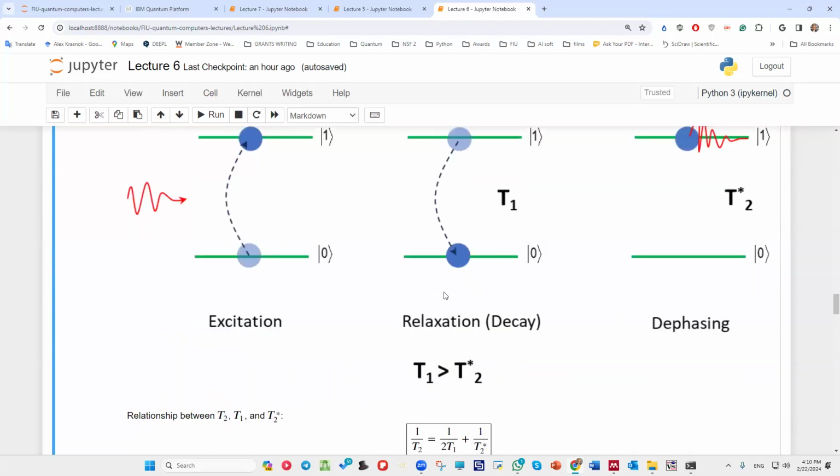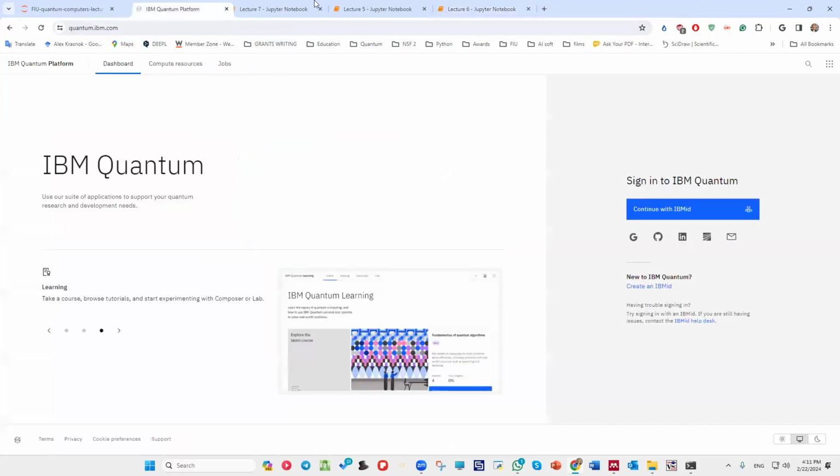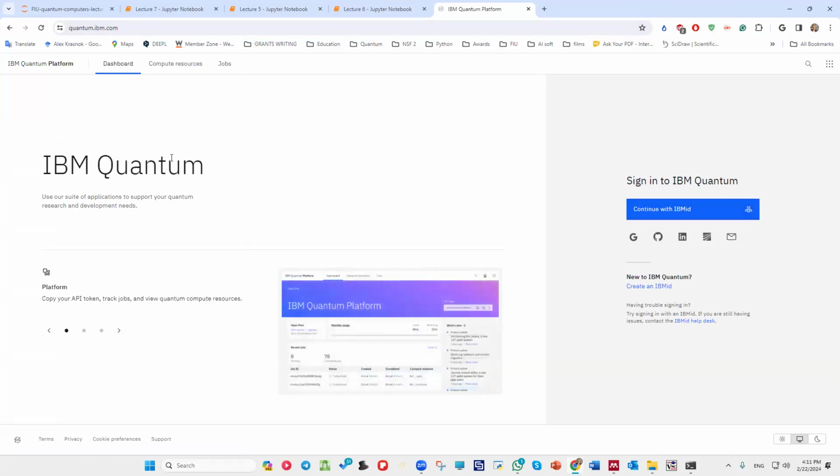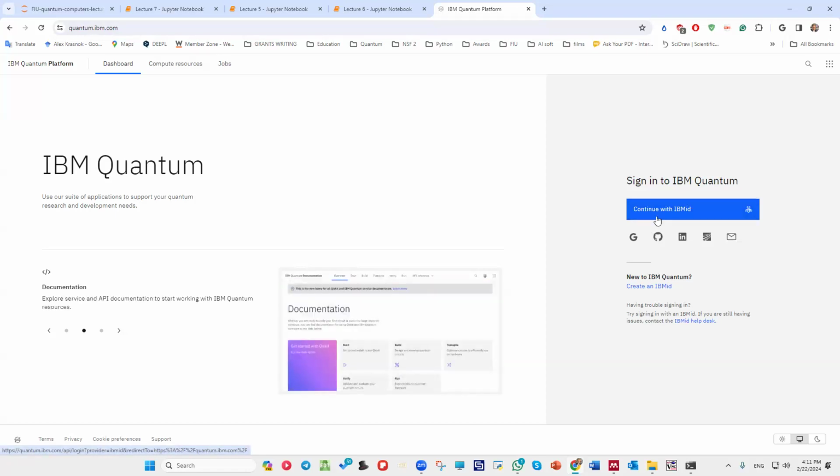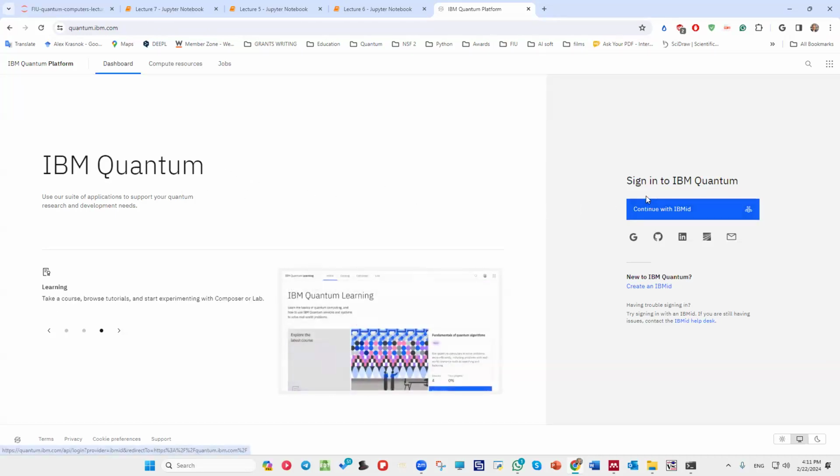Okay, what are typical T1 and T2 quantities for modern quantum computers? So it's a nice point to get you familiar with this IBM Quantum Experience. And I encourage you to get yourself an account in this IBM quantum system, because we will use this one for actual quantum simulations.